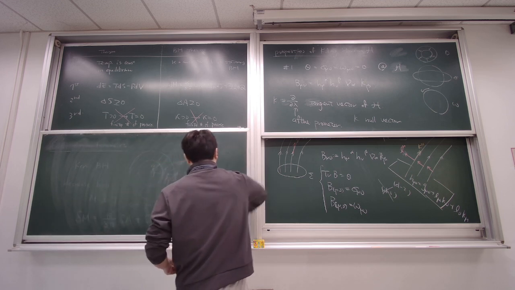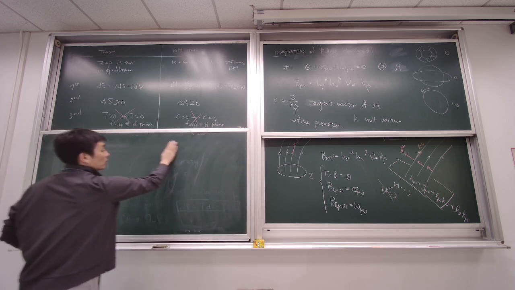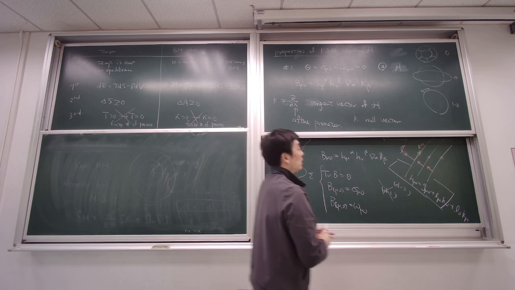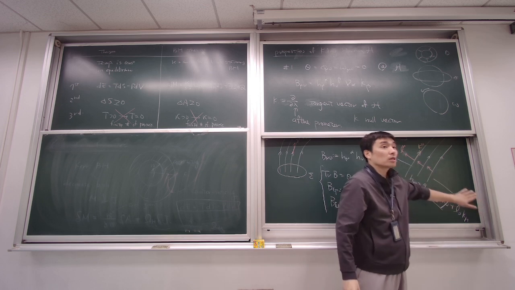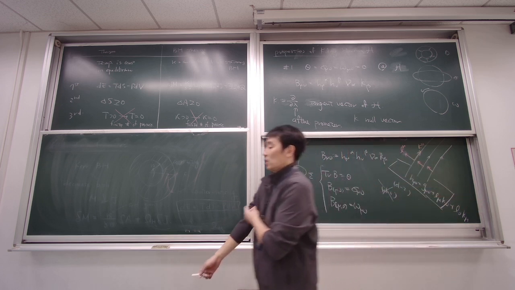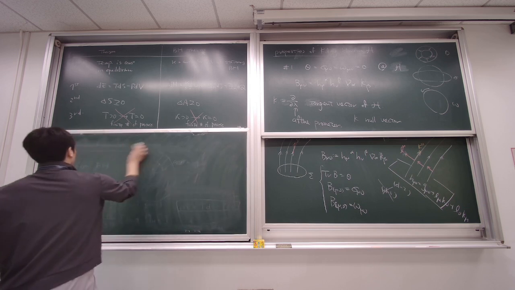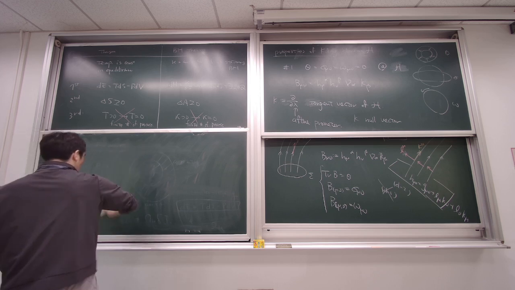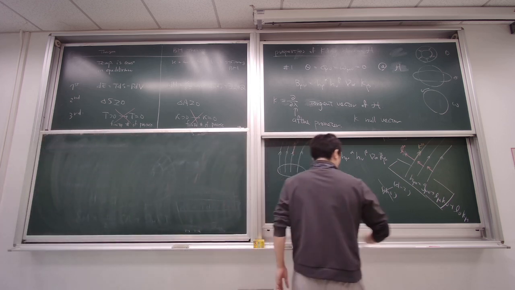We can set omega to be 0 always for a hypersurface, or in the case of the null vector, here is the codimension 2 surface. It's totally fine to set omega to be 0.